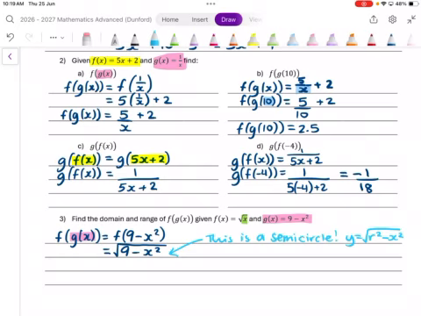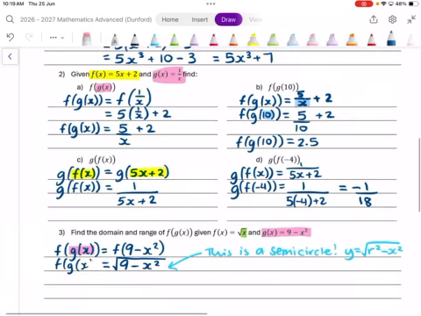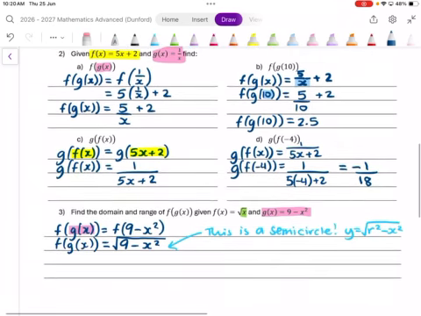We found f of g of x, but the question is asking us to find our domain and our range, so we're making sure that we're reading our question and answering all the bits and pieces. So we might need to do a little tiny sketch of our semicircle.